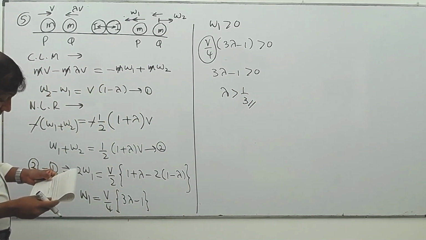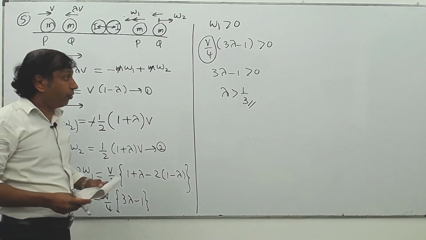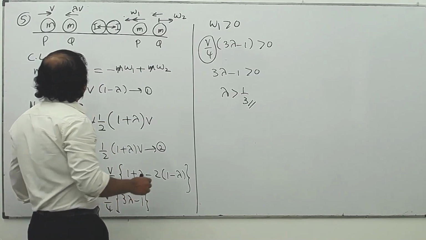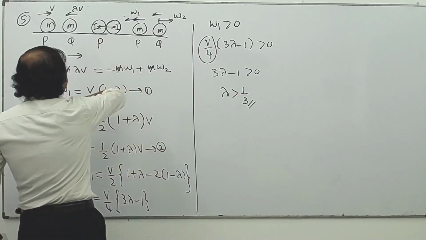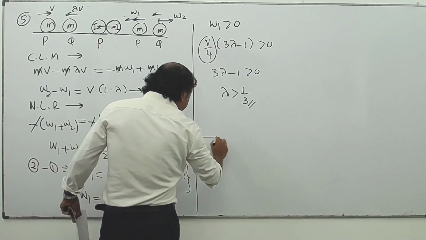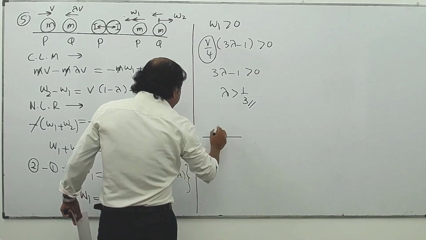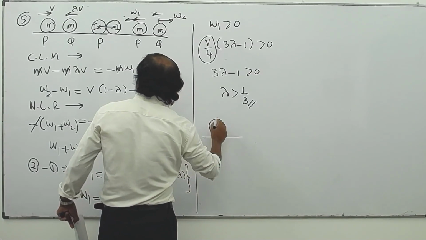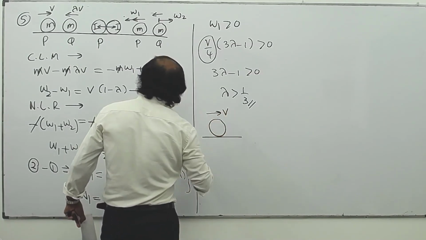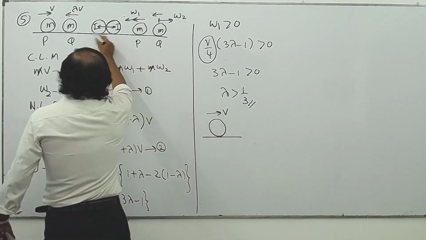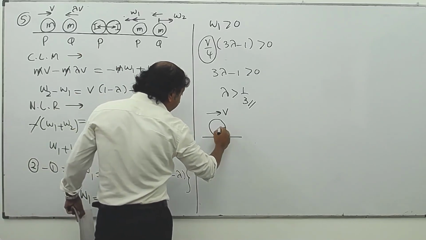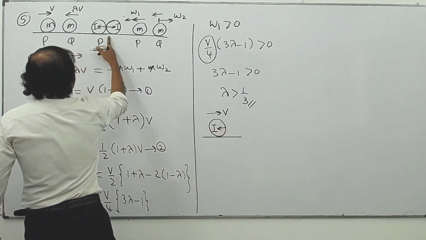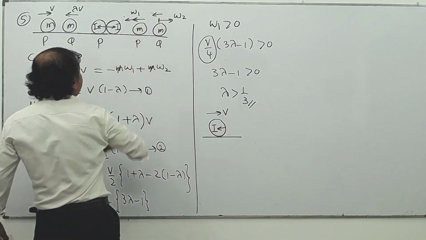Impulsive force at the impact is this impulsive force, right? Impulsive force we can find like this, people. I'll take this P. It is moving before impact with velocity V, so then this impulsive force comes in leftward, I. After the impulsive force, that again moves leftward, W1.